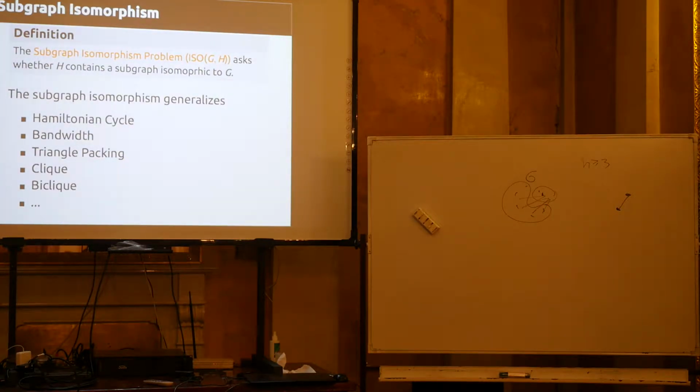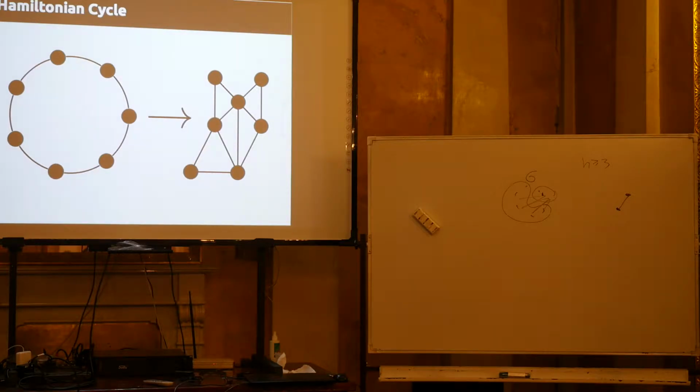Let me show you an example. Say I want to check if there is a subgraph isomorphism from here to this host graph. This means in this graph, I want to remove vertices and edges and see a cycle on 7 vertices. But this graph also has 7 vertices. This means I cannot remove vertices, right? Because I want to see a graph on 7 vertices as well. So I have to be removing edges.